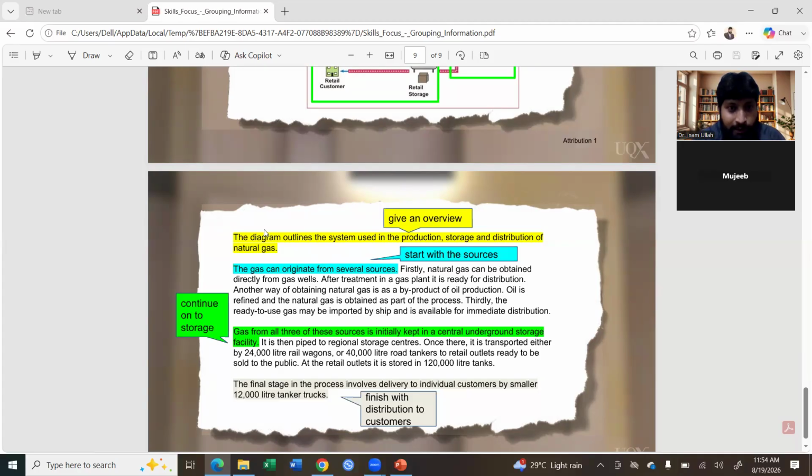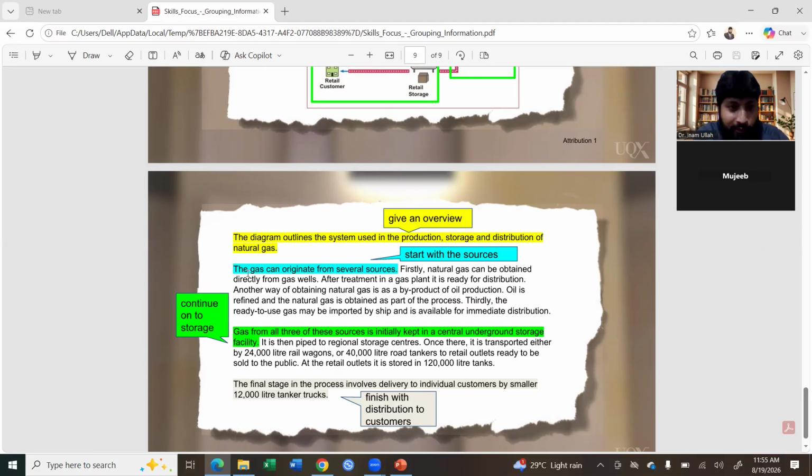You can see here, the diagram outlines the system used in production, right? So production was oil well, gas well, and imports. So that is used in production. Then storage, and then distribution of natural gas. So it talks about the whole process. It gives the overview. Is it clear? We've grouped the data and we have given the overview.